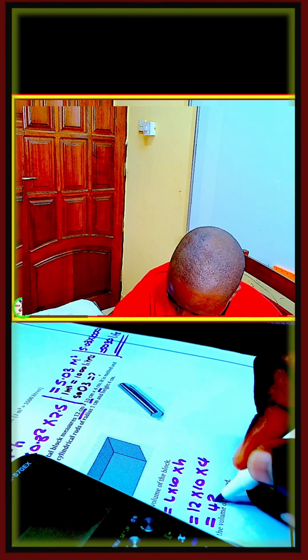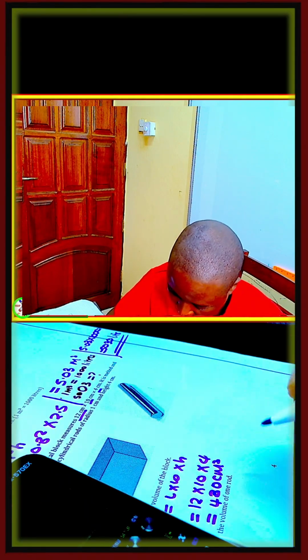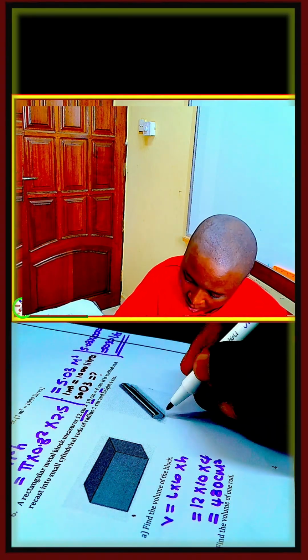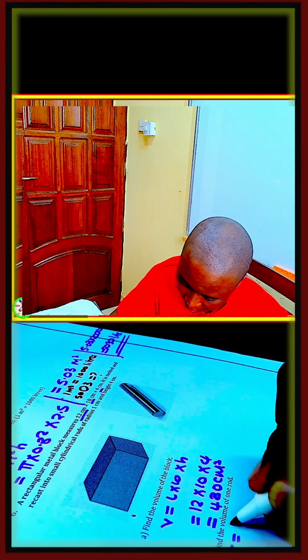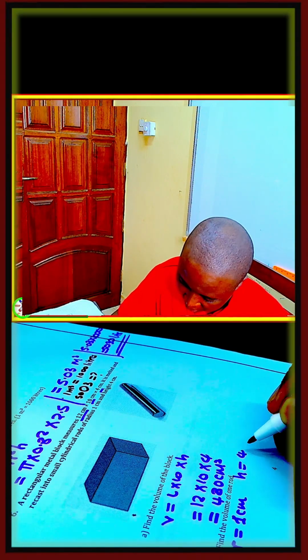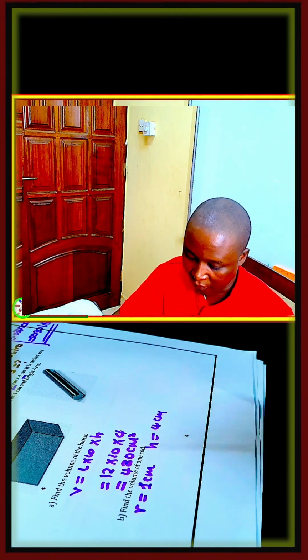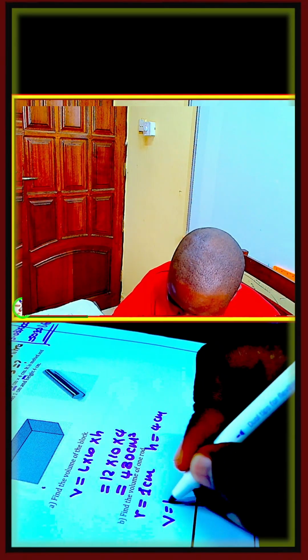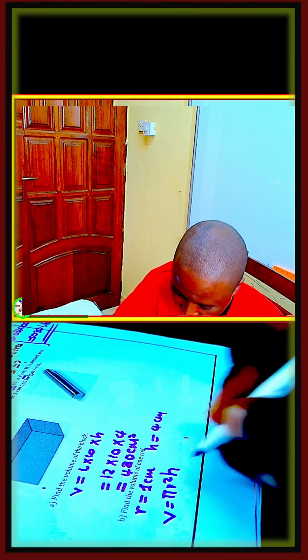So we have 480 centimeter cubic, and we are told to find the volume of one rod, whereby the radius of this rod is 1 centimeter and the height is 4 centimeters. So we are going to use the formula for the volume of a cylinder, which is pi r squared times height.